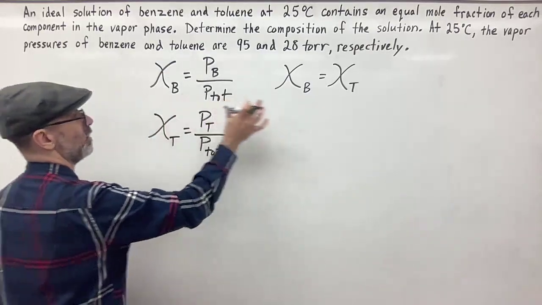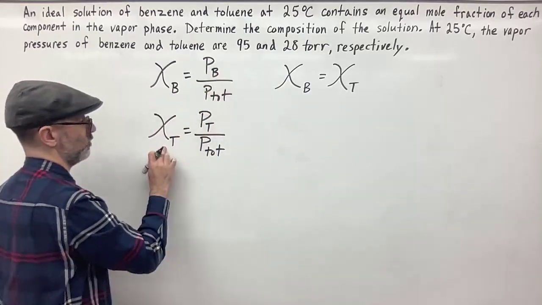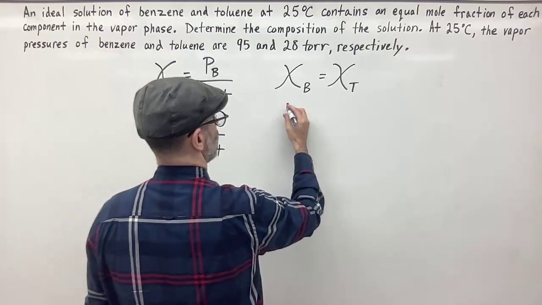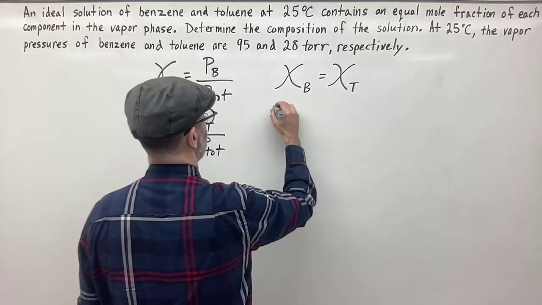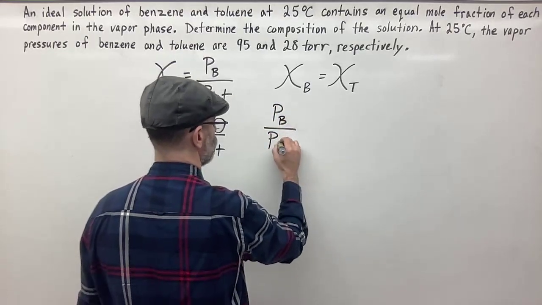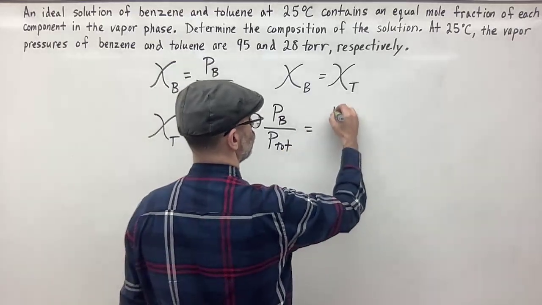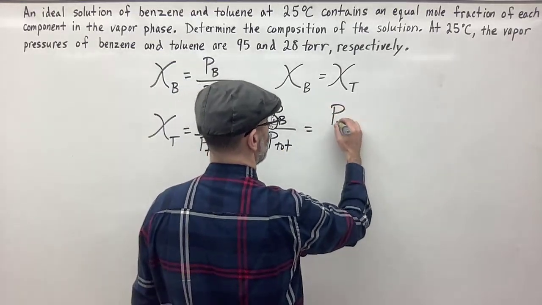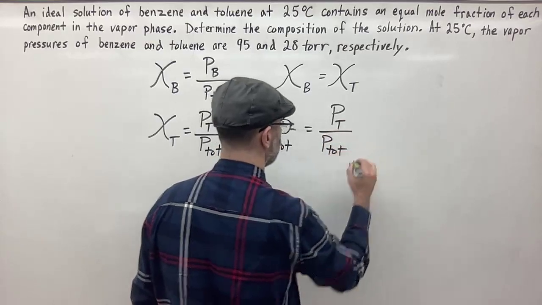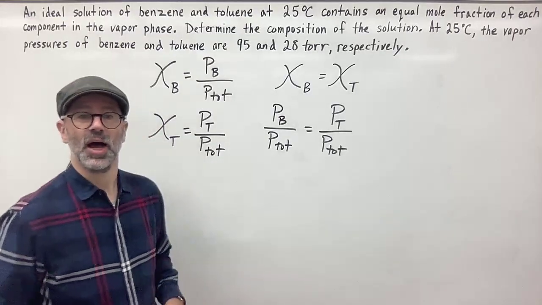So if these are equal together, and this is equal to this, and this is equal to this, and these two are equal together, it's logic. That means that the partial pressure of benzene over the total pressure is equal to the partial pressure of toluene over the total pressure.